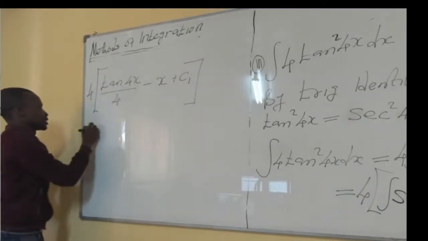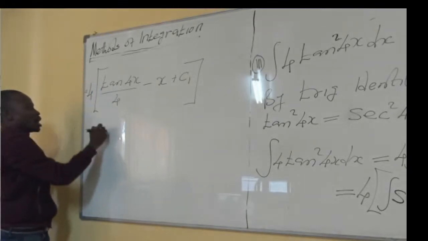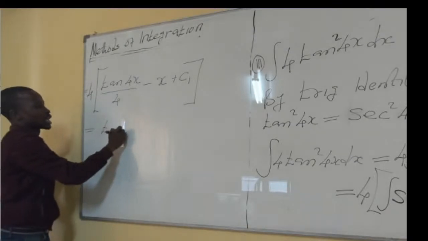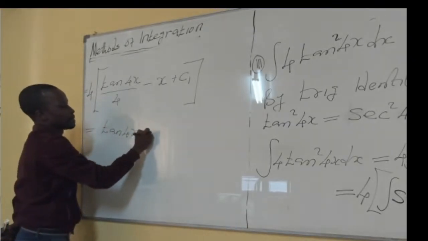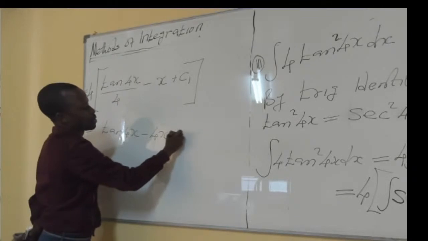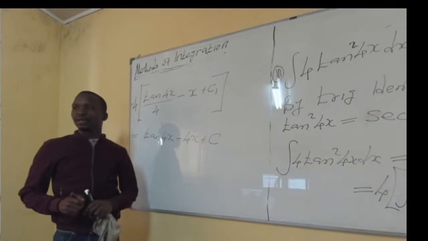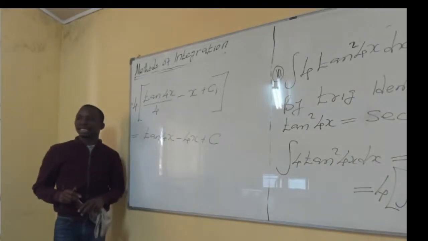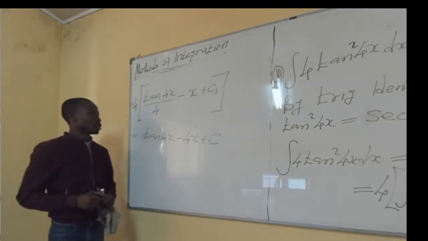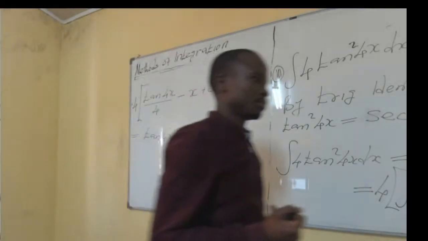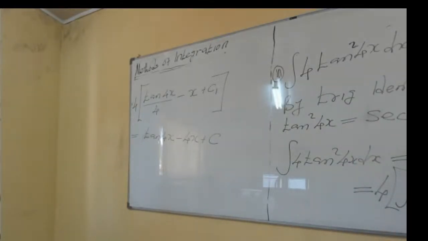When we expand this, we are going to get tan 4x minus 4x plus c. So that would be your integral of tan squared of 4x.